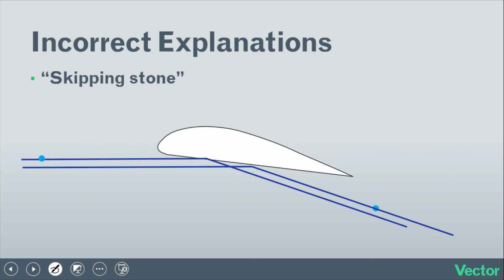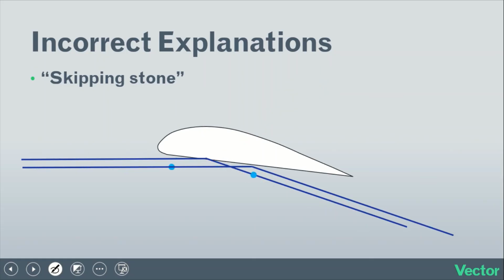The second one is the skipping stone theory, we can call it. And this is more of an incorrect application of Newton's third law. Newton's third law, of course, says that every action has an equal and opposite reaction. Basically, the way people explain this is that when the air ricochets off the bottom of the airfoil, there's an equal and opposite upward reaction, so the air sort of pushes the airfoil up.